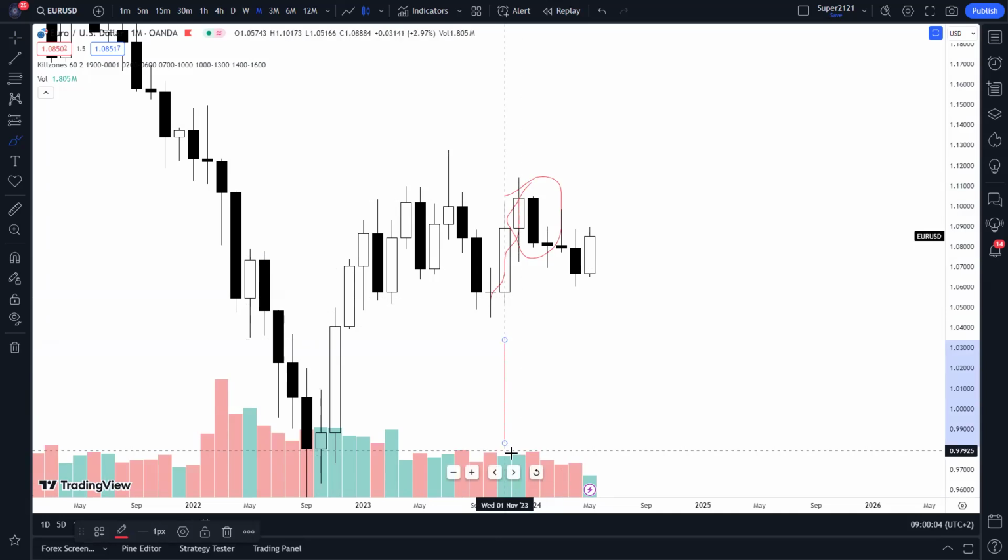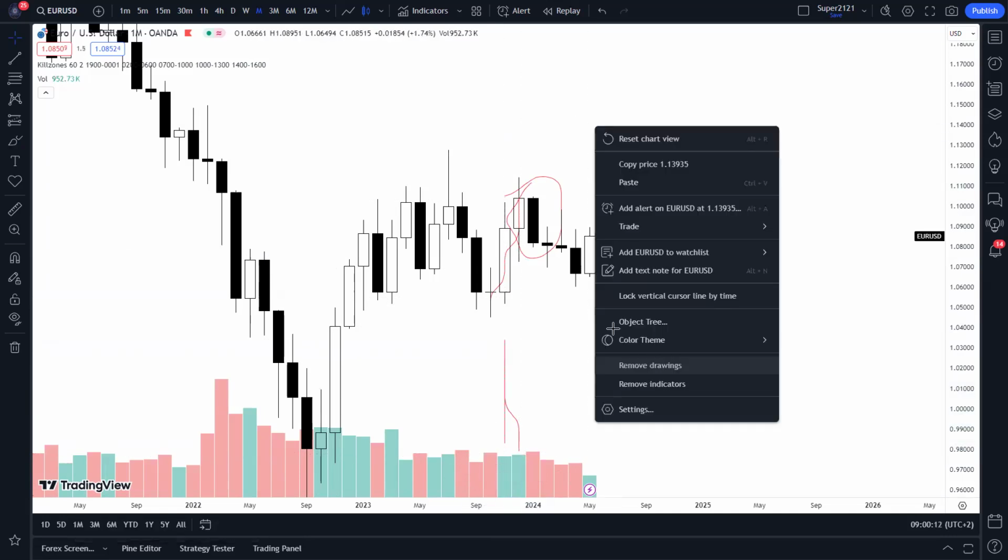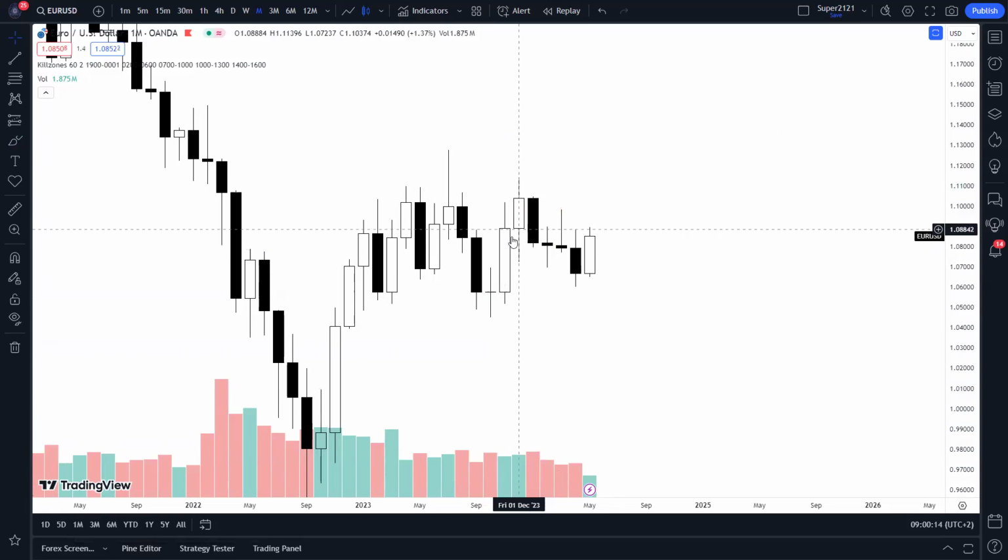Here the volume was bigger than this one, but if we check, we find out that this candle was actually not bigger than this, but why here was it bigger than this? So it's not really divergent, but somehow you can project the next candle, which means more likely the next candle is going to be bearish.